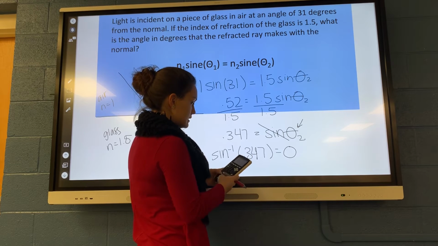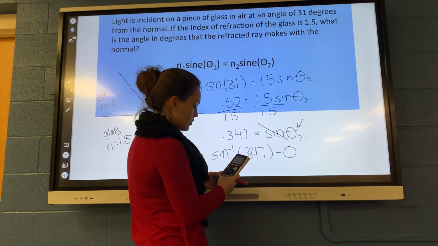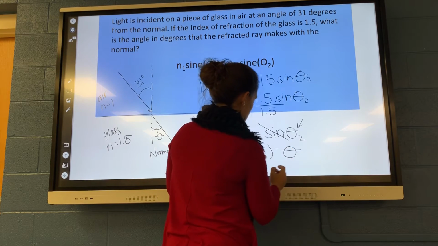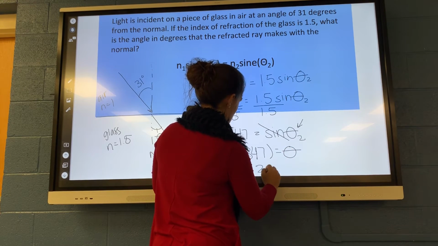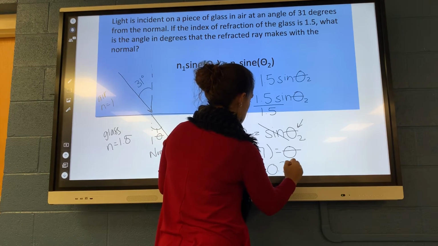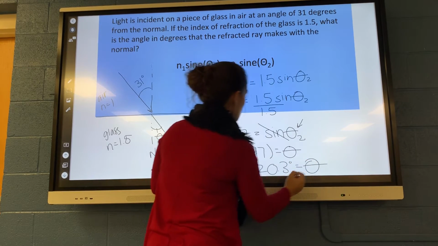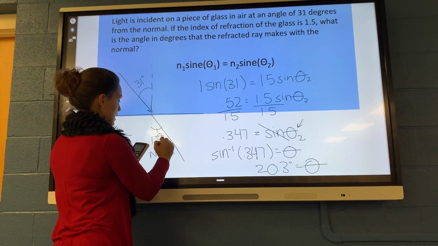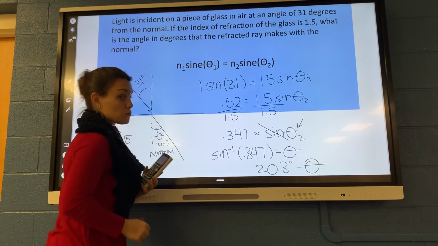So second sine to the -1 of 0.347 equals 20.3 degrees is the angle. So if you shine light onto that type of glass, it would shine off at an angle of 20.3.